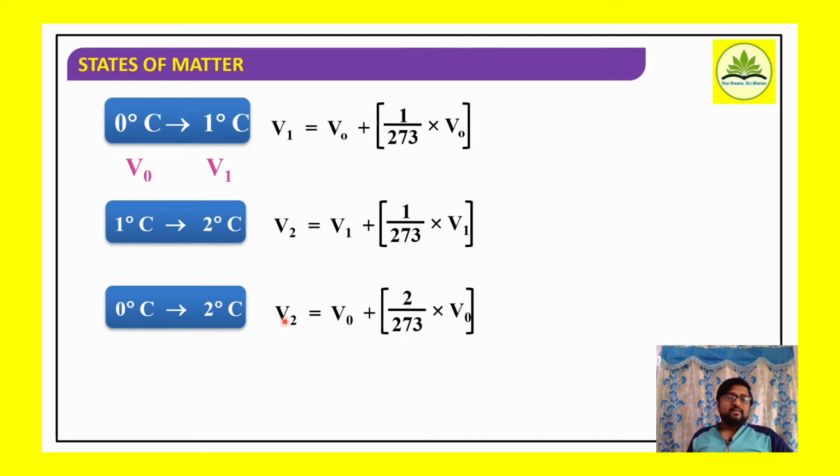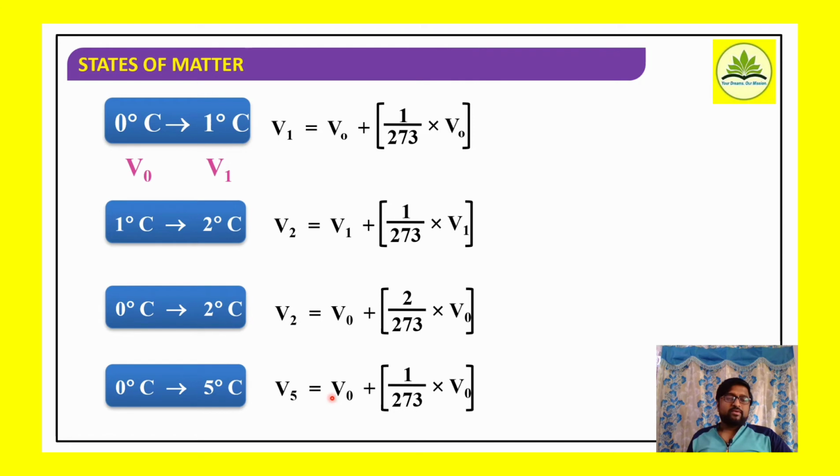The total increase in temperature is 2 degrees, therefore it is 2 by 273 into V0. Now consider 0 to 5 degrees Celsius. V5 will be equal to V0 plus, it is not 1, it is 5 by 273 into V0.